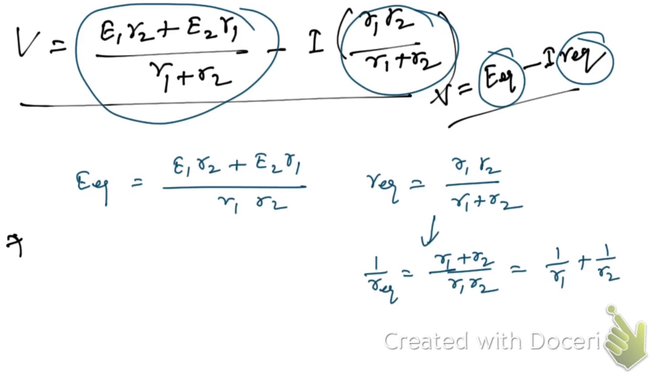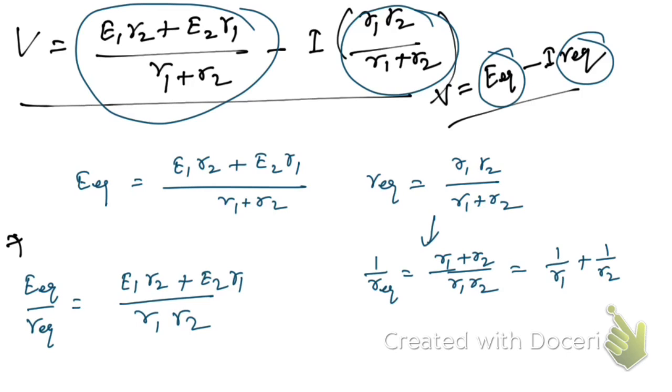So now you see, if you obtain the ratio of E equivalent by R equivalent, then these two denominators will be cancelled, right? So then we can have (E1 R2 plus E2 R1) by R1 into R2.